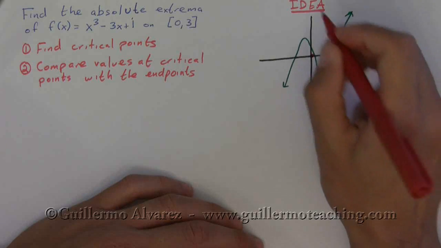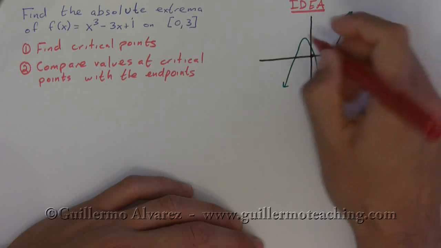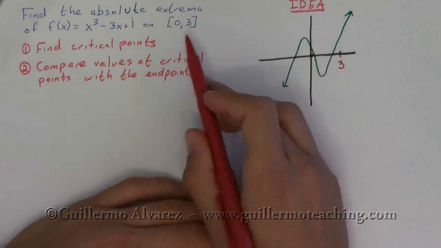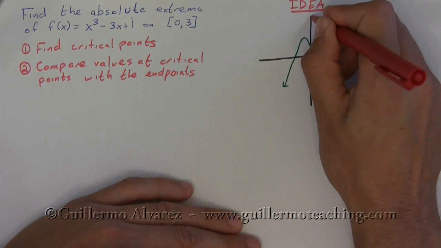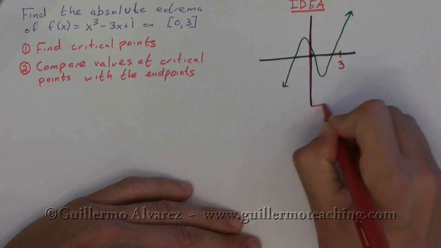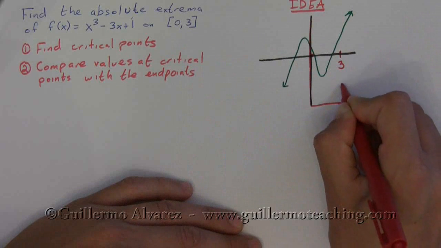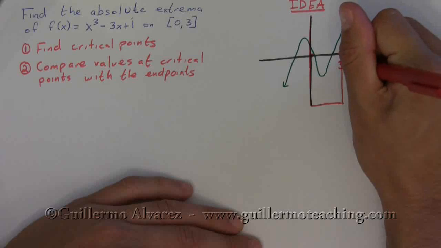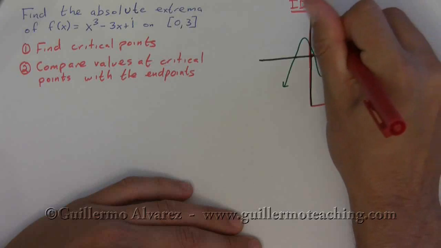And so if you notice here, the idea is that since you're on a closed interval, you only want to look at from 0 to 3. So it's kind of like you have this mental block, and it's only on 0 to 3.